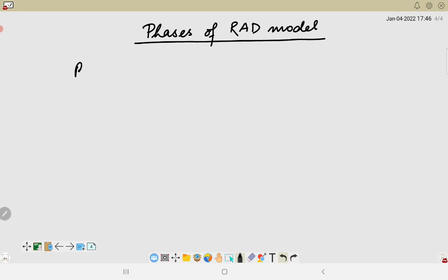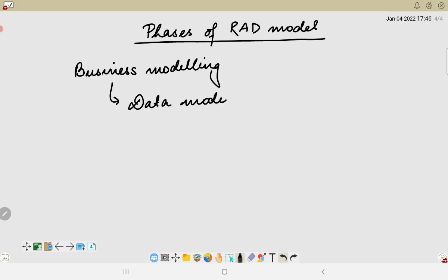The first step involved in RAD is business modeling. Then we have data modeling. The third step is process modeling.